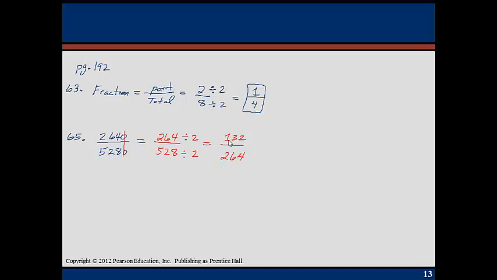Again, both are even, so we could divide by 2. How about instead, if we did 1 plus 3 plus 2, so 1 plus 3 plus 2 is 6, and that's divisible by 3. And then if we did 2 plus 6 plus 4, that is 12, and that's divisible by 3. So how about we divide both by 3 instead?